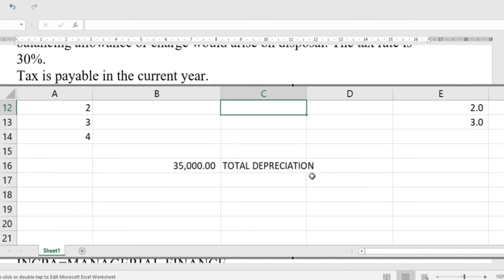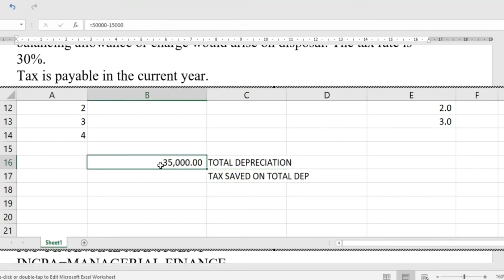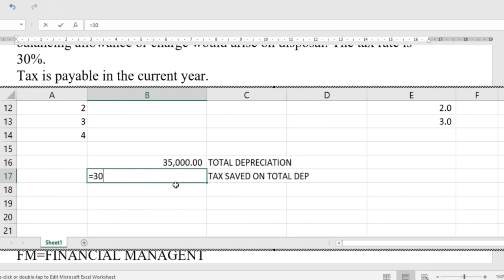The tax saved on the total depreciation is equal to 35,000 multiplied by 30%, which will be equal to 10,500.